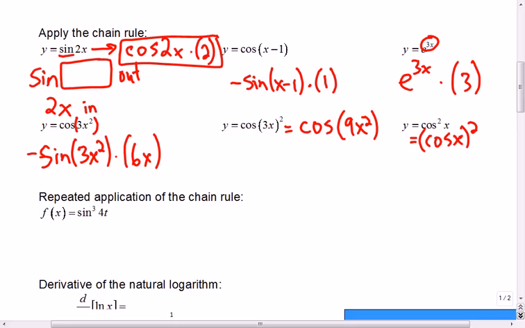It's possible to do it the way it's been presented, but it means you'd have to use the chain rule twice. We haven't talked about that yet. We will very shortly, but this is probably the easiest way to start. We'd have negative sine of 9x squared. The derivative of the inside is 18x.